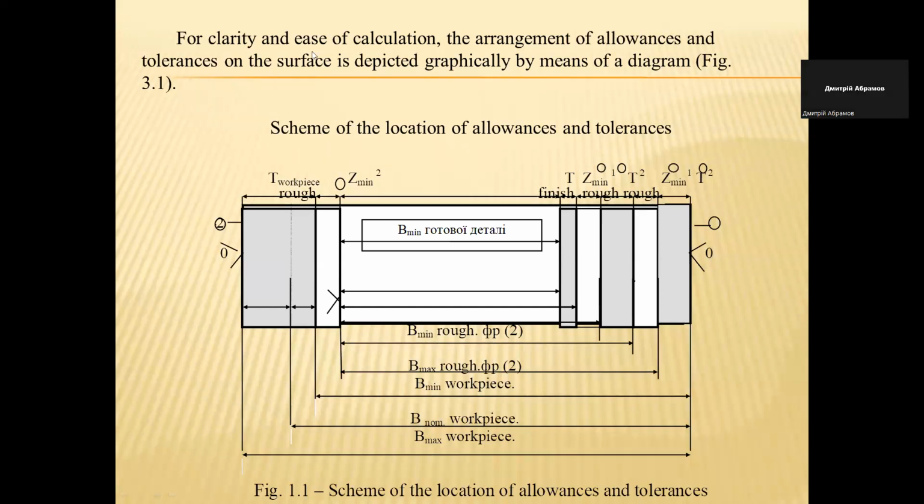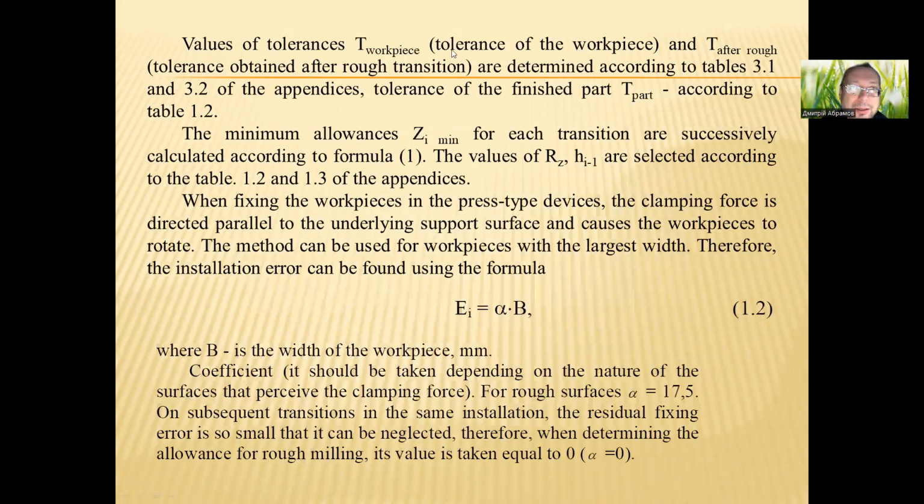And we continue with the next slide. Values of tolerances: T of the workpiece, the tolerance of the workpiece, and T after rough, the tolerance obtained after the rough transition, are determined according to tables 3.1 and 3.2 of the appendix.